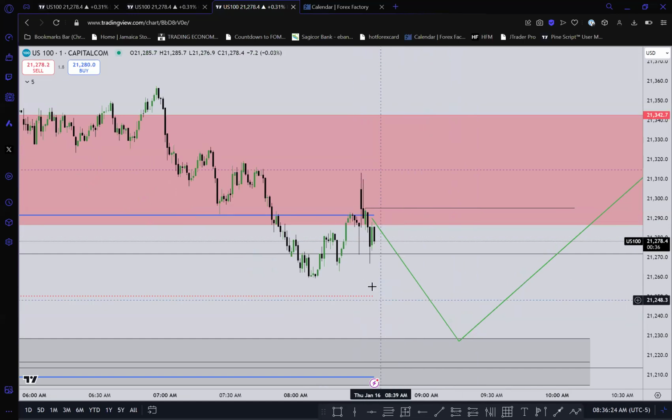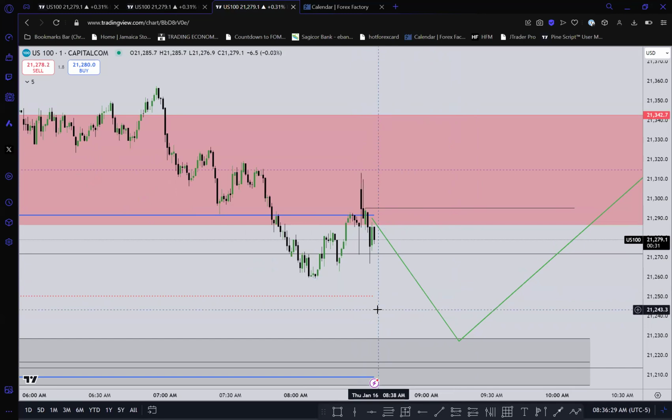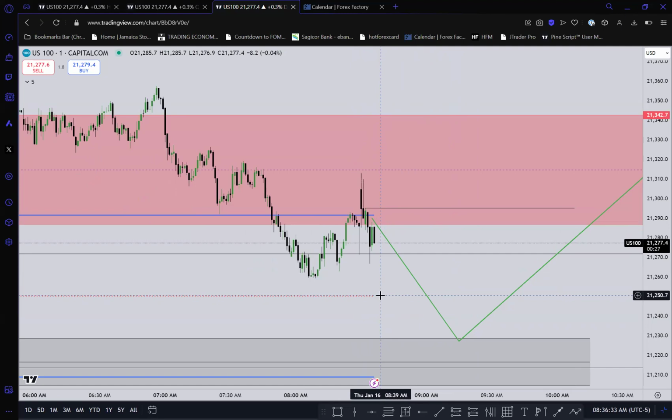At least give us a retracement below here. How far away is this? Scalpable, but the entry is bad.